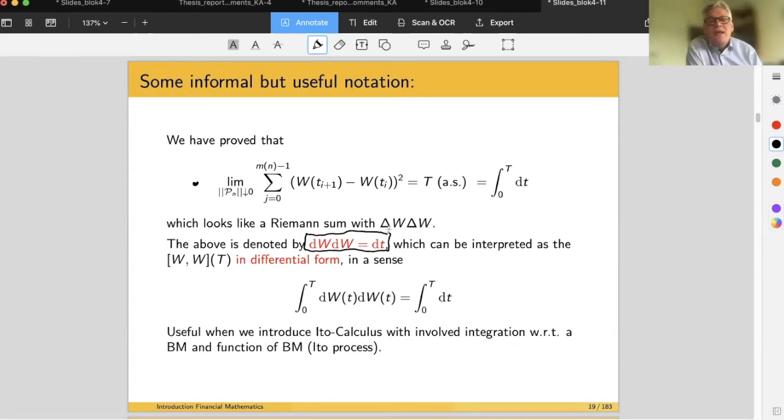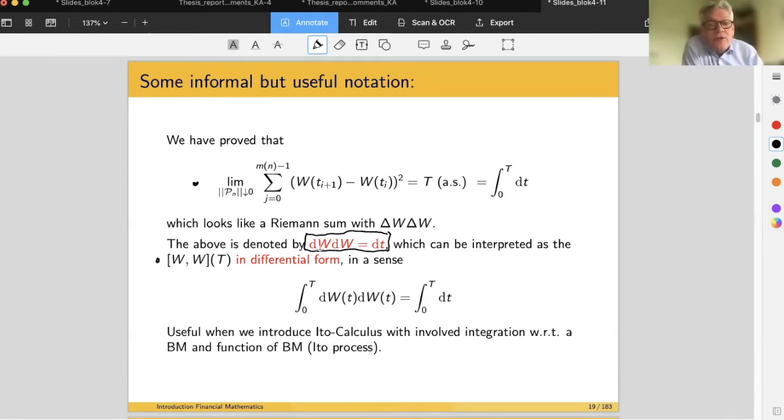In a way, you can interpret this as the quadratic variation formula, but in differential form. In a sense, this stands for the integral between 0 and t of dW_t dW_t being equal to the integral from 0 to t of dt.